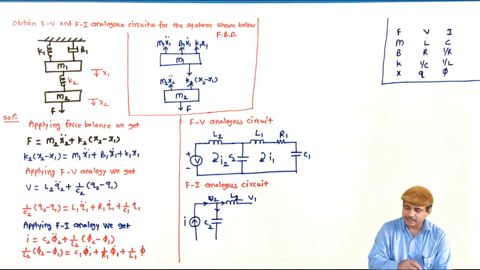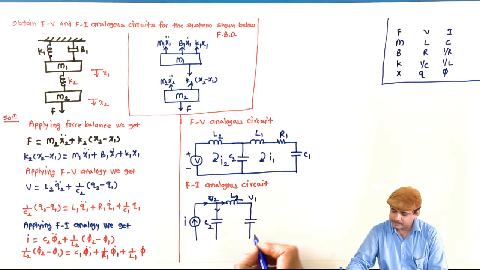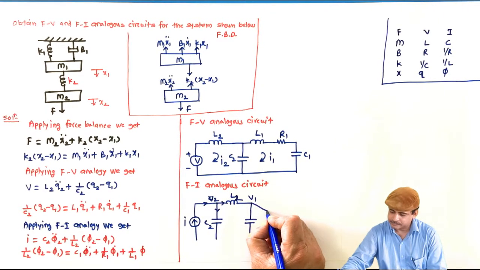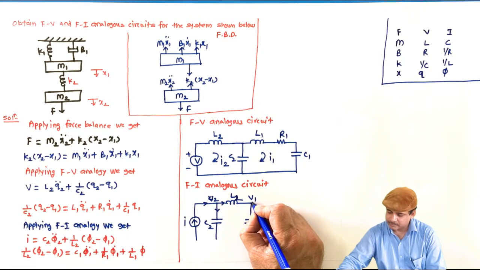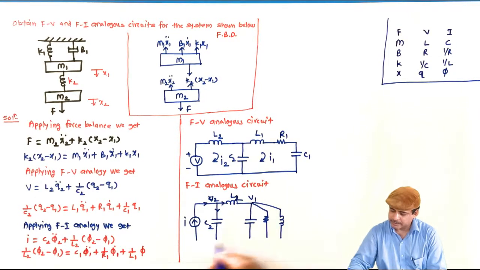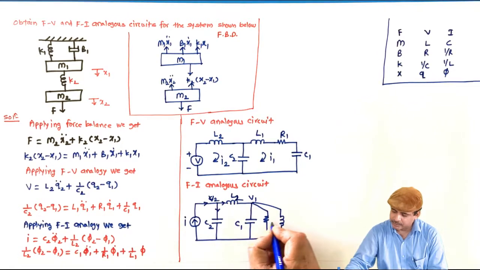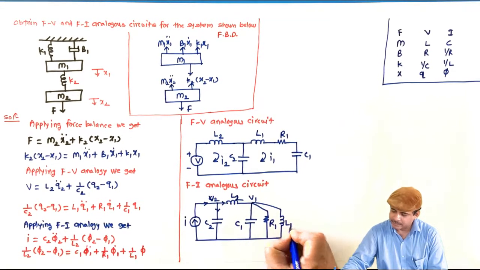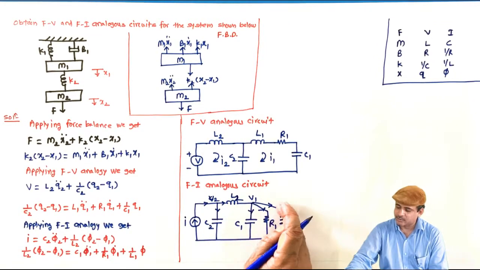So there is a capacitor C1, R1 and L1. So this current is the addition of these three currents.